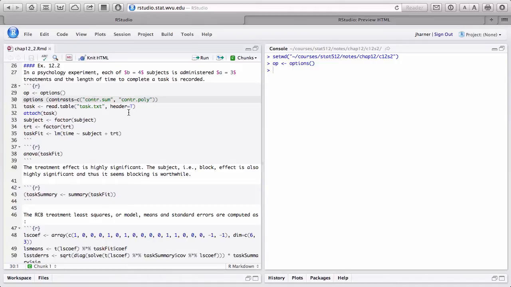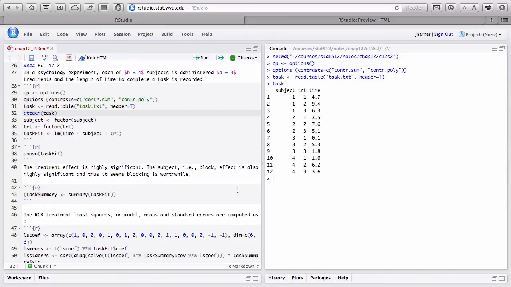So there's a data set called task.text. Let me first of all do the options, and then we're going to read in task. So we could look at task, and it's a pretty small experiment, but notice it's subject, treatment, and time.